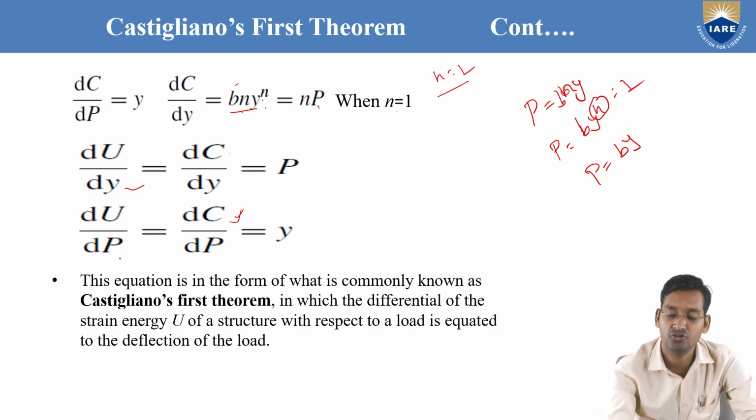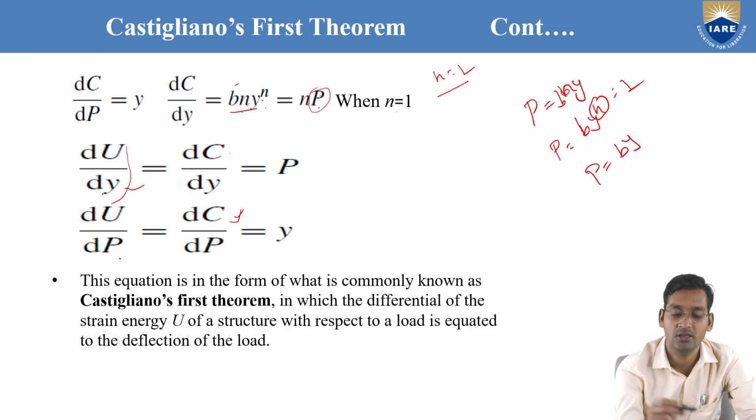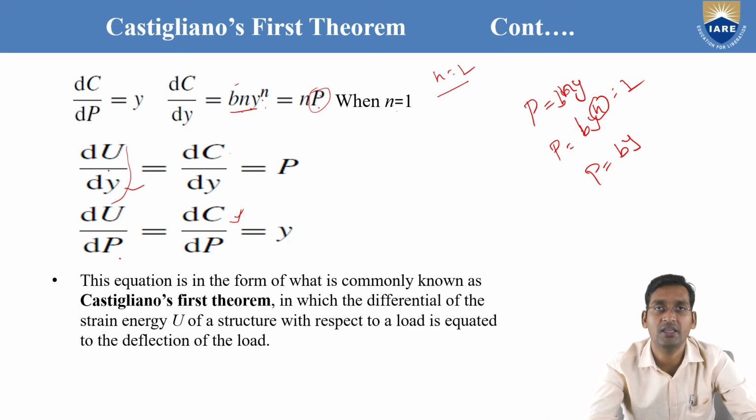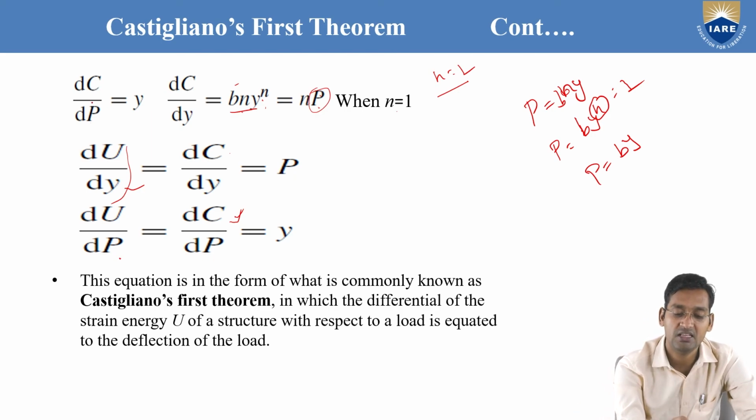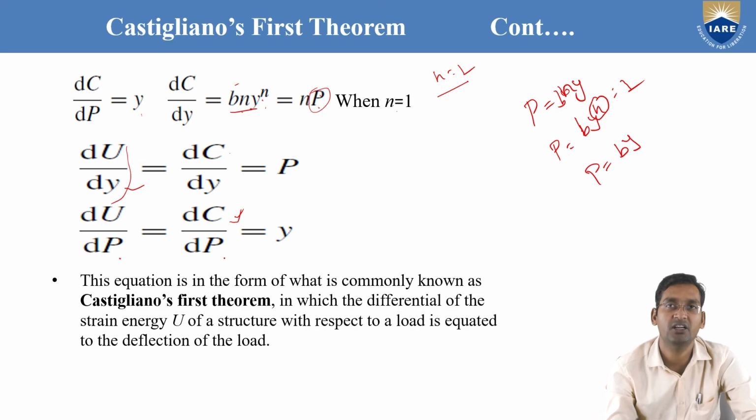Okay, so for n equals 1, this dc by dy will also be equal to p, and that is also equal to what we already saw, du by dy. Hence du by dy equals dc by dy, which equals p. Similarly here we got dc by dp as y, and we already saw du by dp also as y. So if dc by dp is y and du by dp is y, then definitely du by dp is also equal to dc by dp.